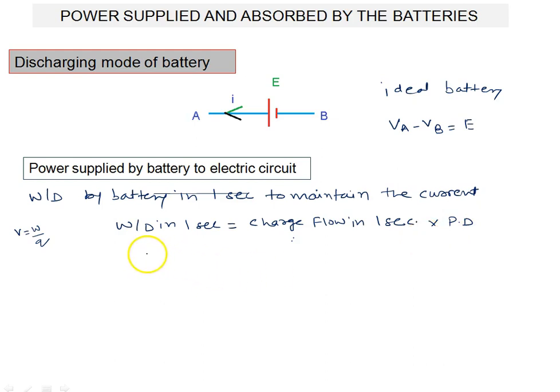So work done per unit time, or power, can be written as charge flow in 1 second, which is current, and potential difference, which for an ideal battery is E. So you can say the power supplied by the battery to the electric circuit can be written as EI.